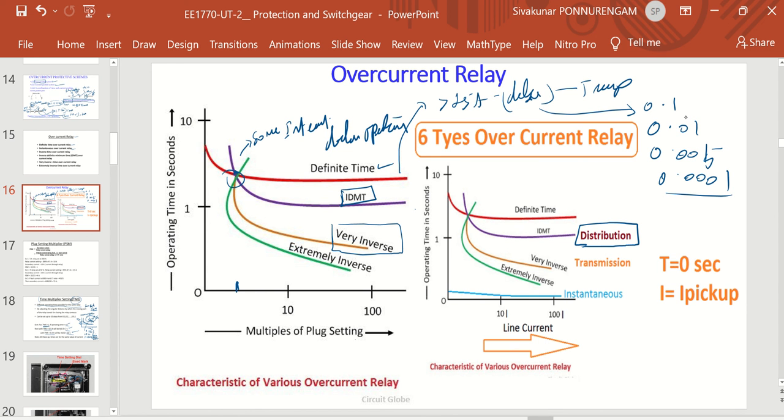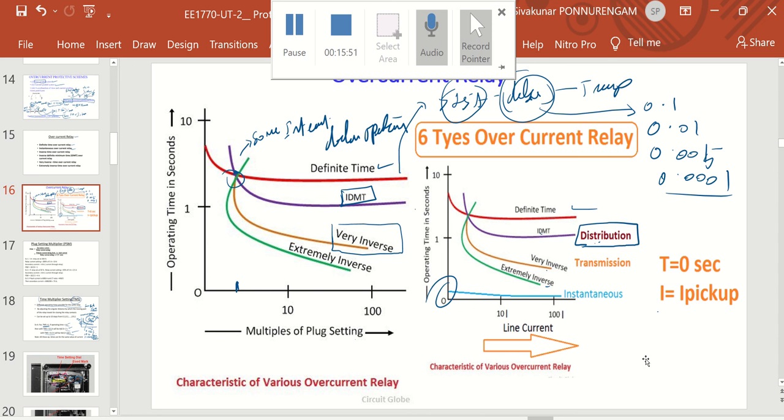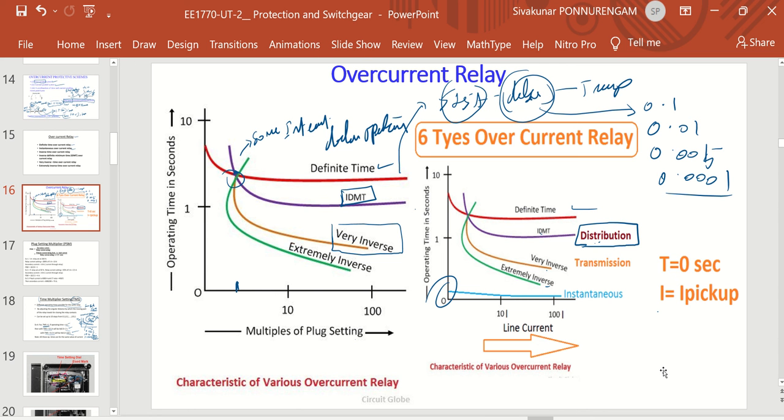So the delay changes depending on the magnitude of the current. The definite time is normally used in distribution feeders, and t equal to 0 is the instantaneous relay. Then there are the pickup, very inverse and extremely inverse. This is the overall characteristic of the overcurrent relay.